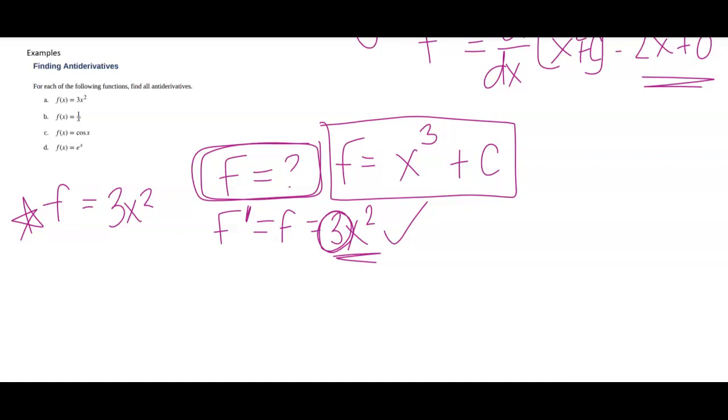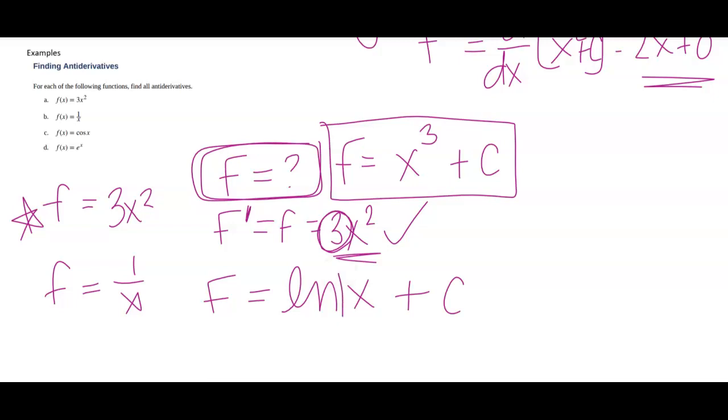All right, let's look at 1 over x. What function, when I take the derivative of it, do I get 1 over x? Hopefully you say that's the natural log of x, and then I'm going to add c. Now, one thing when we do antiderivatives, I can't take the natural log of negative numbers, so I'm going to restrict that domain to positive numbers.